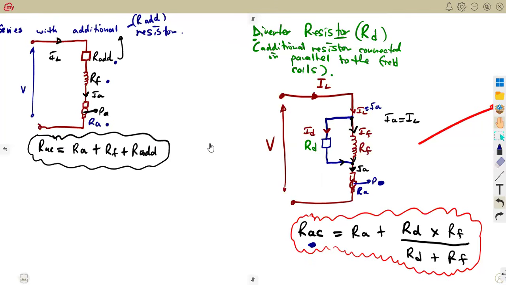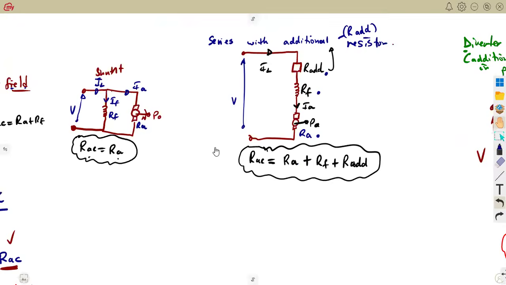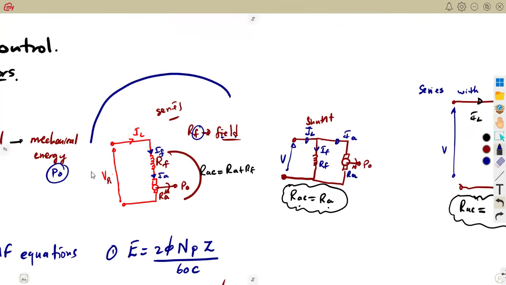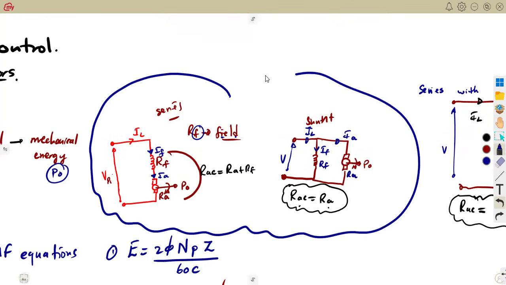Something has been done to the circuit. So you must understand what has been done on these two that you originally know. These are the ones that you basically know from your Electrotechnology N3. Series and shunt. Your basics that you are used to.